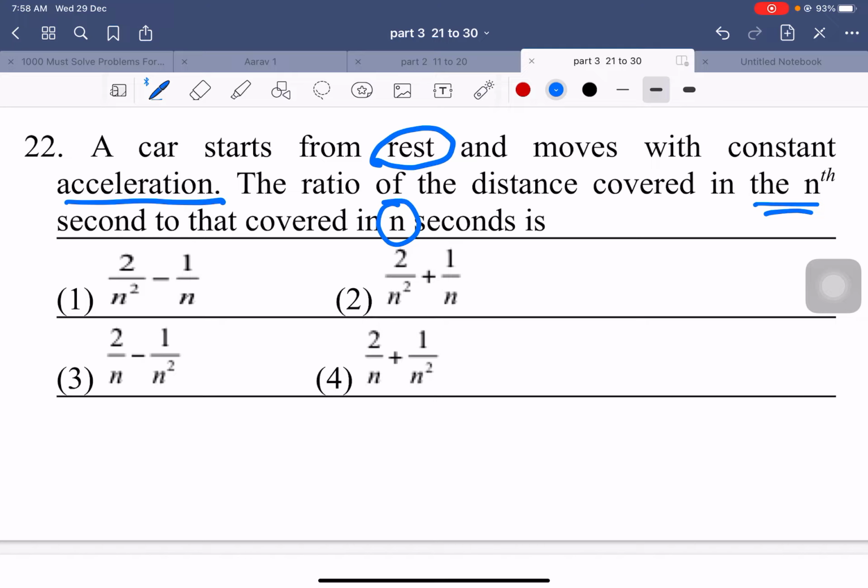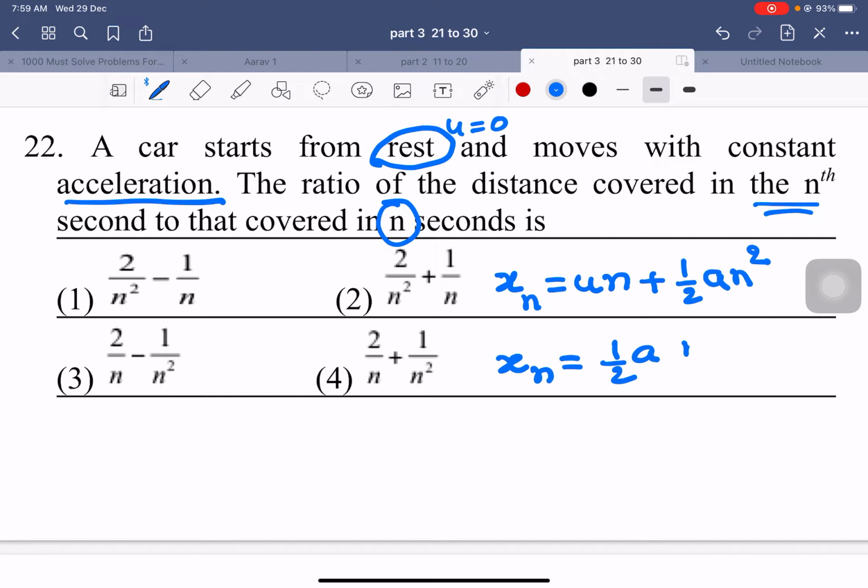Distance covered in n seconds is given by x is equal to ut plus half at square. But the car is starting from rest, so u is equal to 0. So distance traveled in n seconds will be equal to half a n square. This is equation number 1.